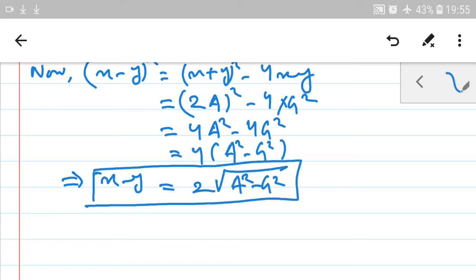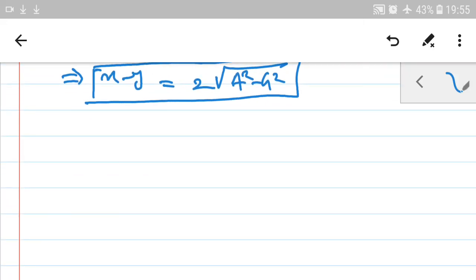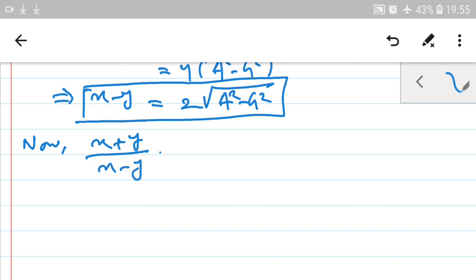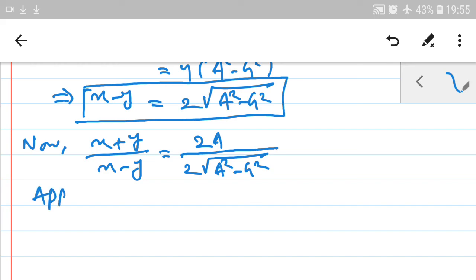Now students, you see we are getting the ratio: x plus y divided by x minus y is equal to 2A divided by 2 root under A square minus G square. So apply componendo and dividendo rule.